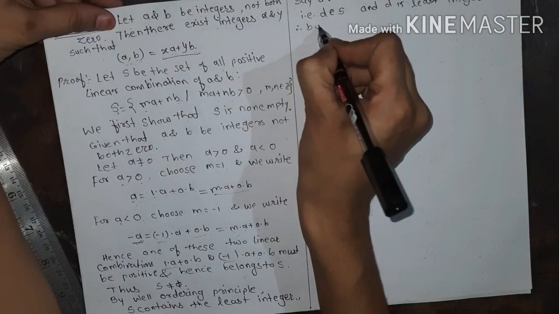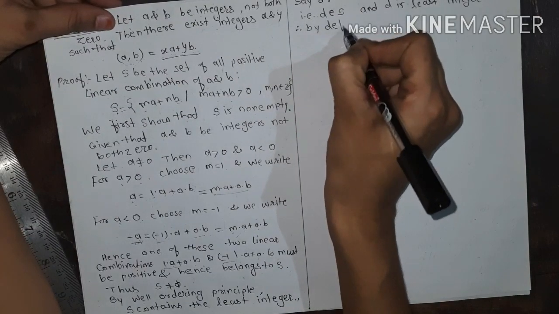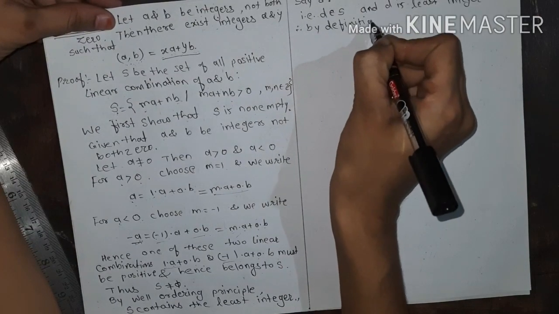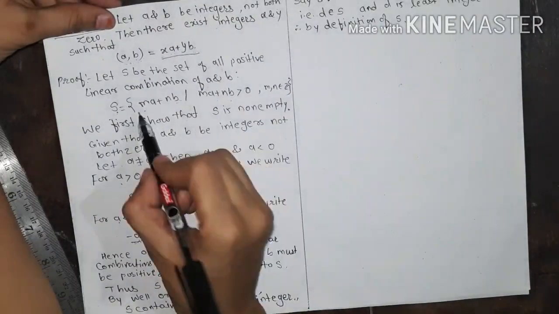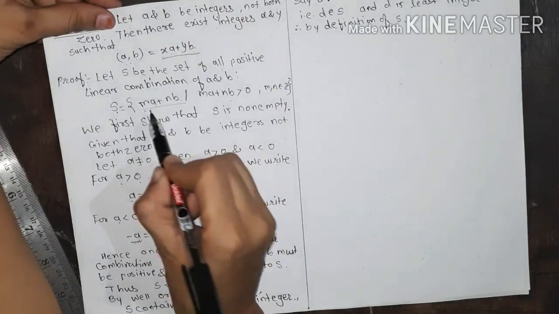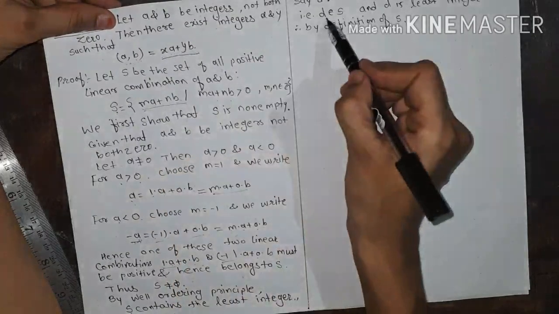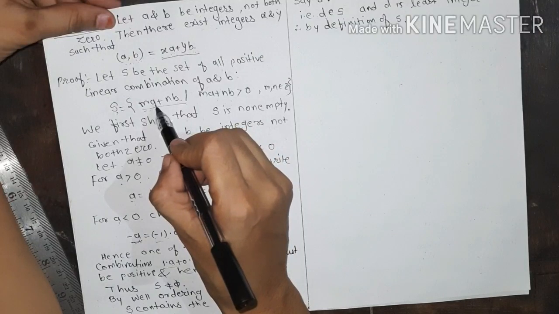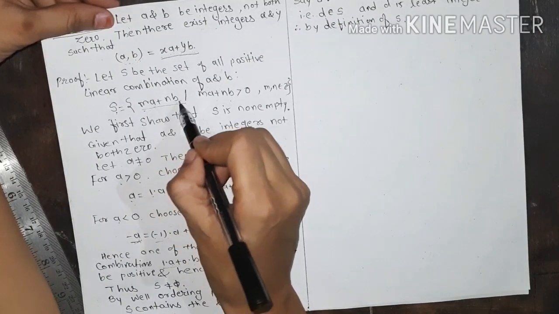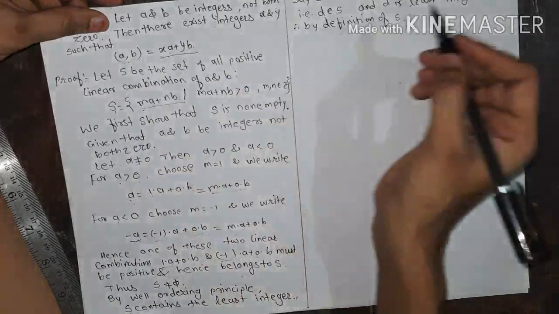Therefore, by definition of S, the elements belonging to S are in the form of the linear combination MA plus NB, and D is an element of S. Therefore D can be written as a linear combination of A and B, right?